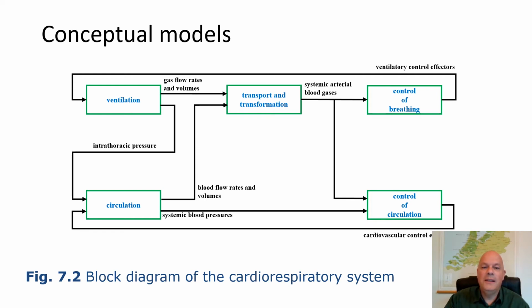So the controlled variable itself is blood pressures, mainly systemic blood pressure, but it does so through what I termed cardiovascular control effectors, which include heart rate and contractility and two types of vascular resistance. So we now have a number of subsystems and their causal connections.